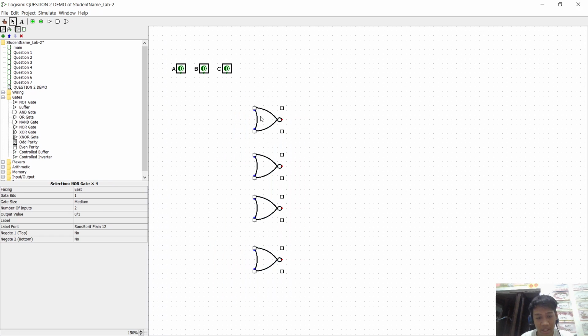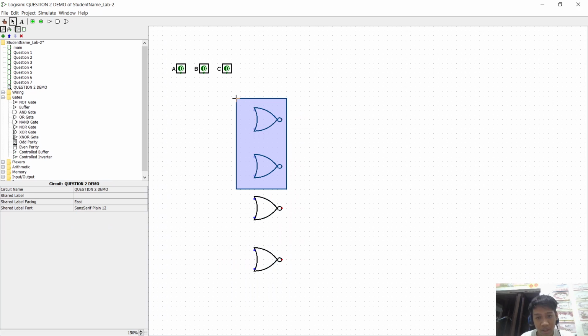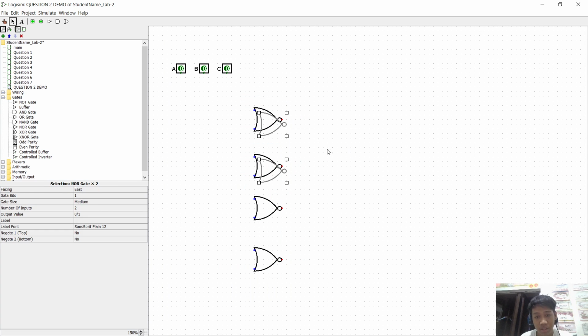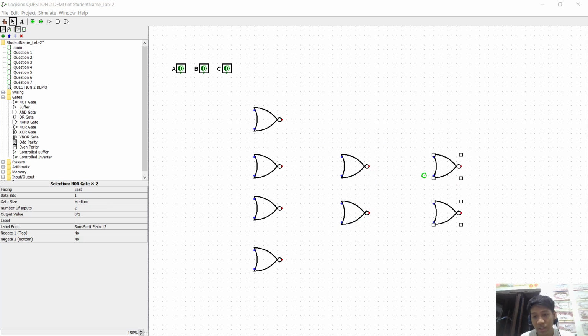After that, we will be adding another target here, and then another pair here, and then another one to the front.